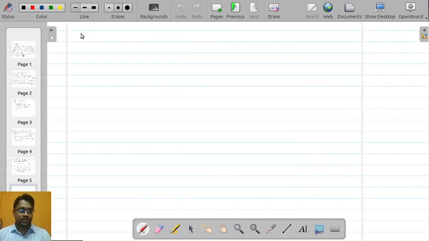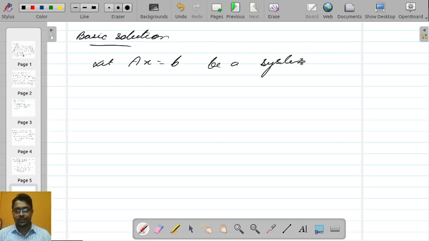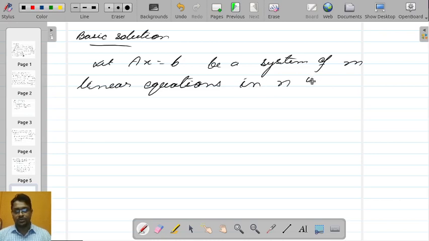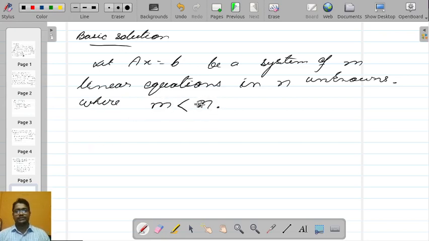So let us define it formally. Basic solution. Let Ax equal to B be a system of m linear equations in n unknowns, where we are considering m strictly less than n.